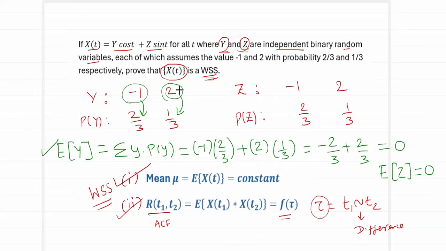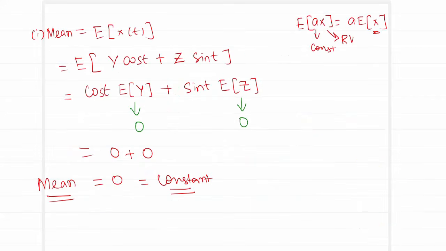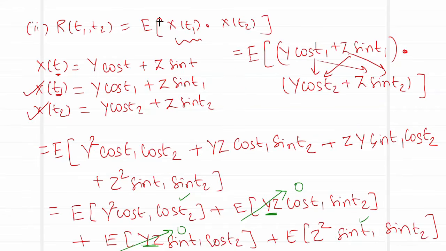That's it. Quickly recollect. First thing to prove, the mean is a constant. Second thing to prove, the autocorrelation is a function of tau. For a discrete random variable, you take summation y into p of y for your E of y, and summation y square into p of y for your E of y square. Since the value turns out to be 0, the mean is 0. When you have autocorrelation, expand it and get the 4 terms.